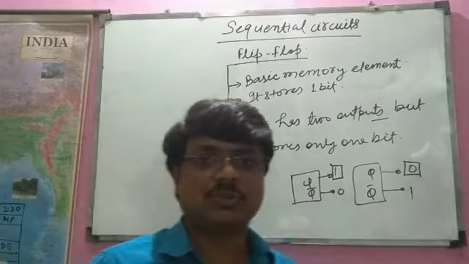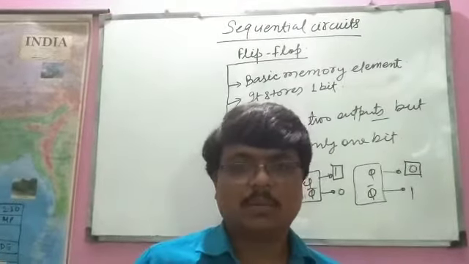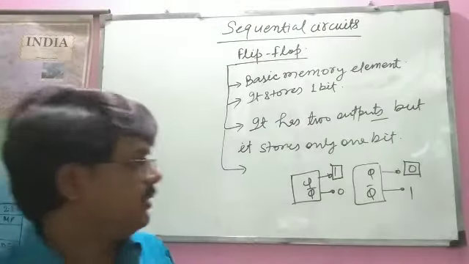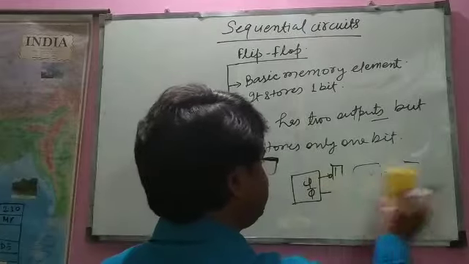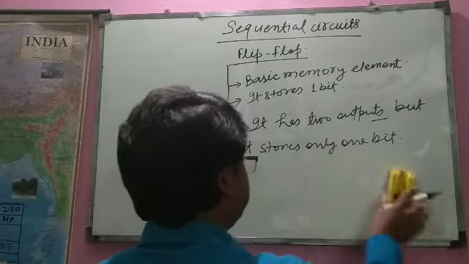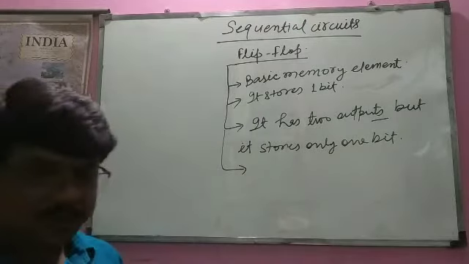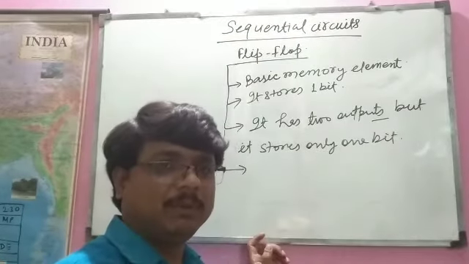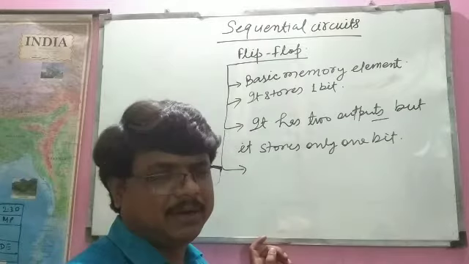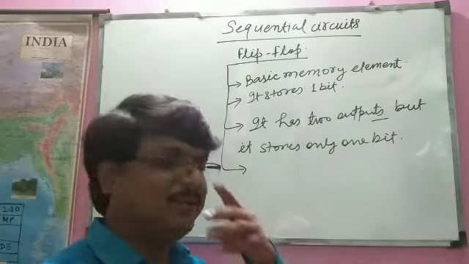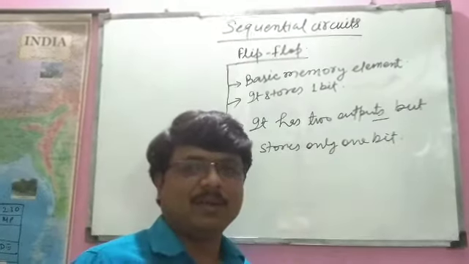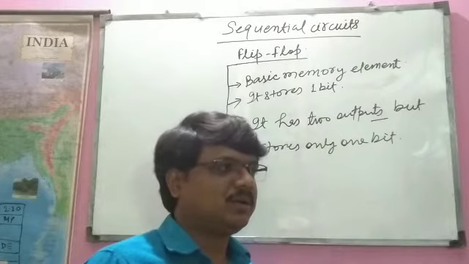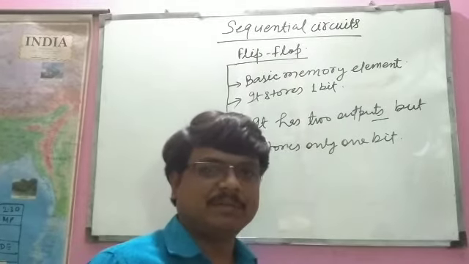This is the reason that both the states are stable, and that is why it is also known as a bistable multivibrator. You must have read about the monostable multivibrator and the astable multivibrator. We will see them whenever time allows us to discuss the multivibrators.